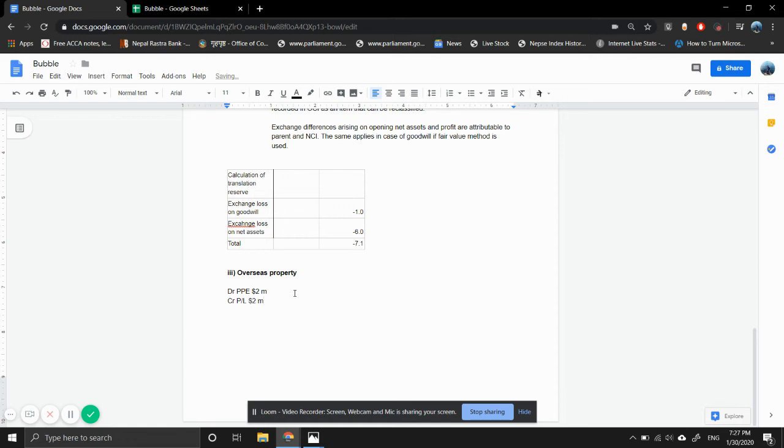Since the land was classified as investment property under IAS 40, any gains or losses are charged to SOPL.